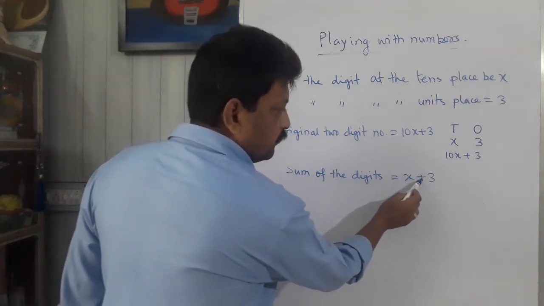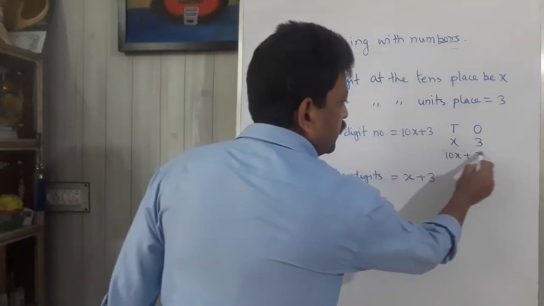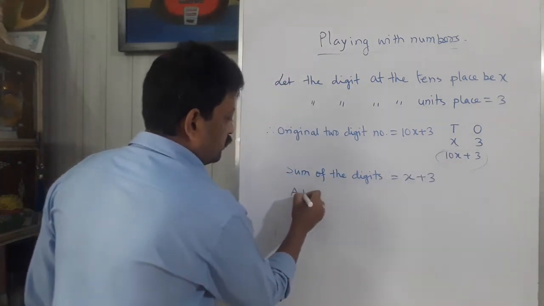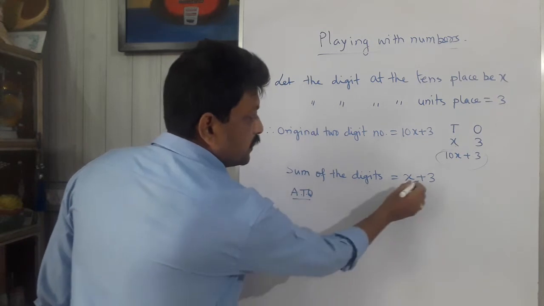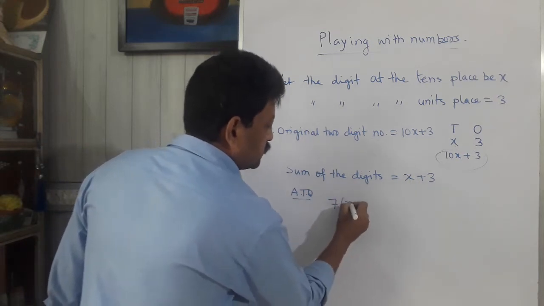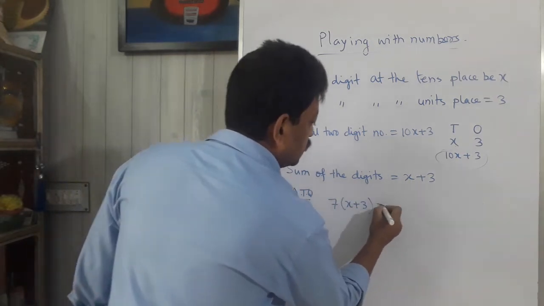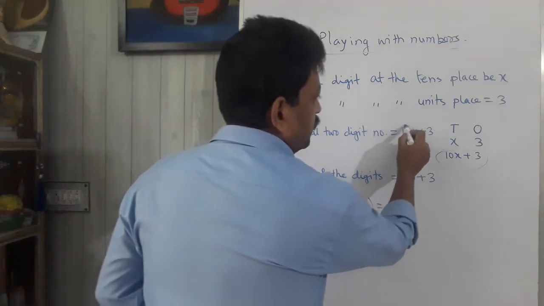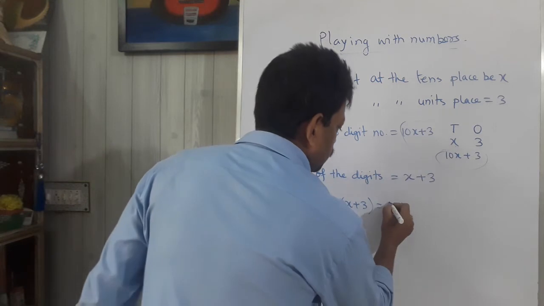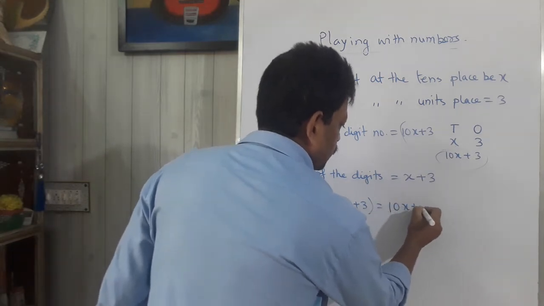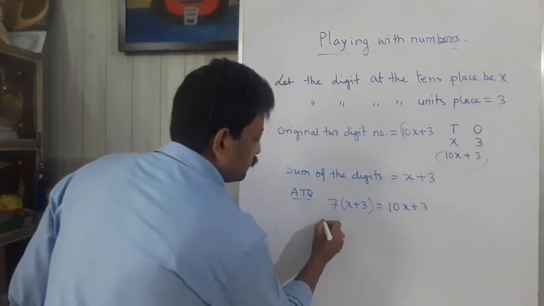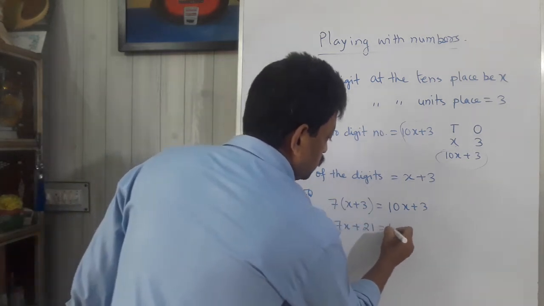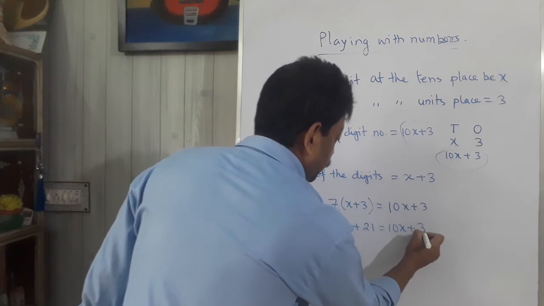7 times the sum of the digits is the number itself. So according to the question, 7 times the sum of the digits is equal to the number itself. What is the number itself? That is 10x plus 3. Now let us solve this. So 7x plus 21 equals 10x plus 3.